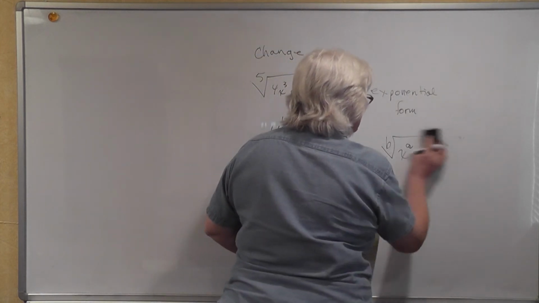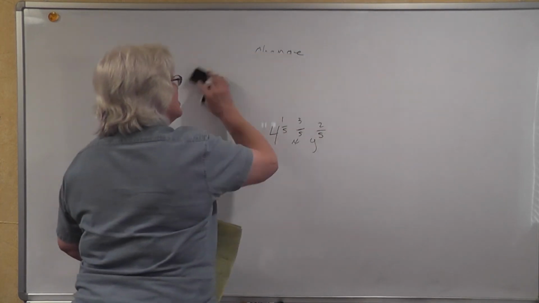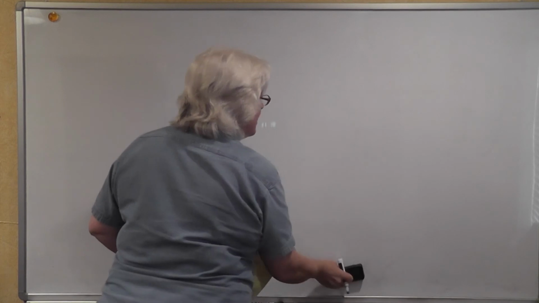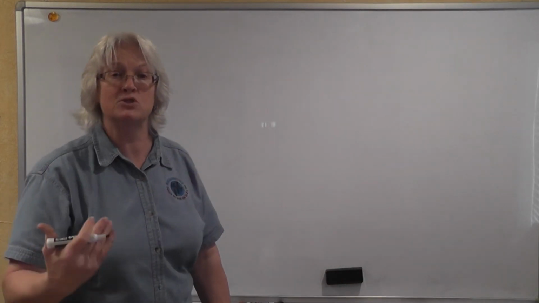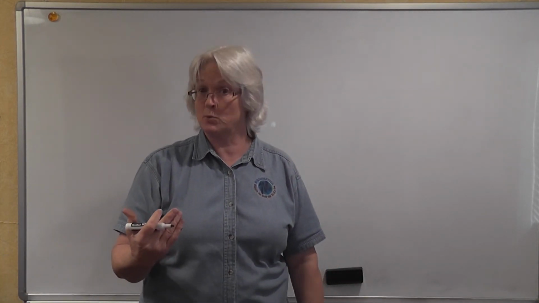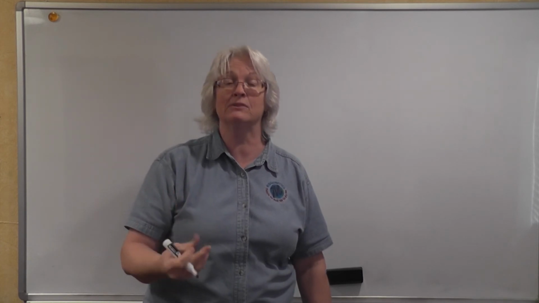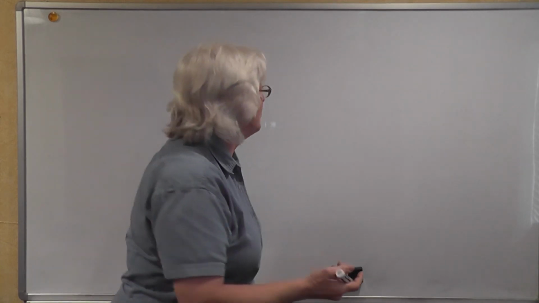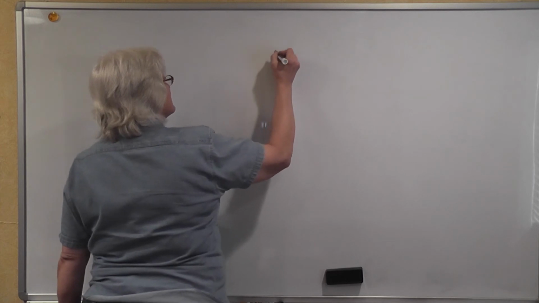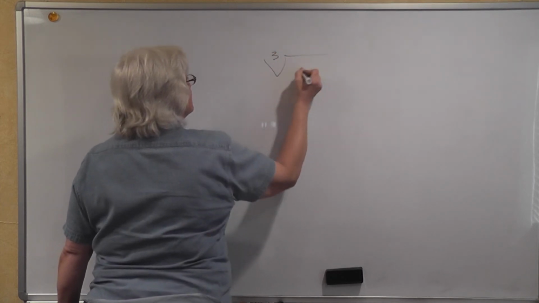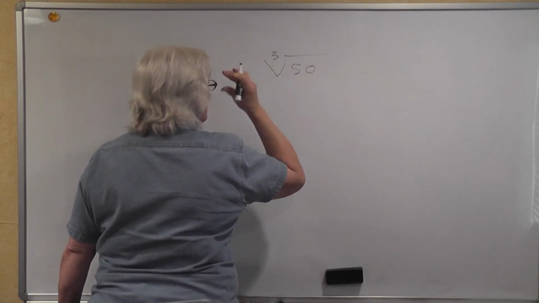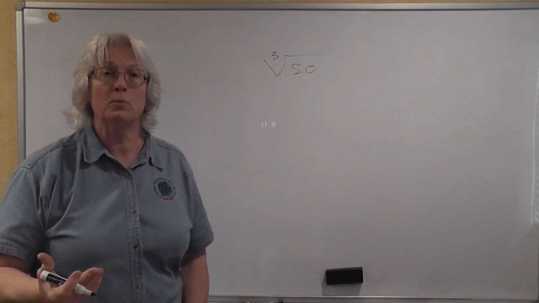And then the last thing that they wanted to show you is, just like we learned how to come up with an integer approximation for square roots, we can also come up with an integer approximation for cube roots. Our last example was, give the integer approximation for the cube root of 50.